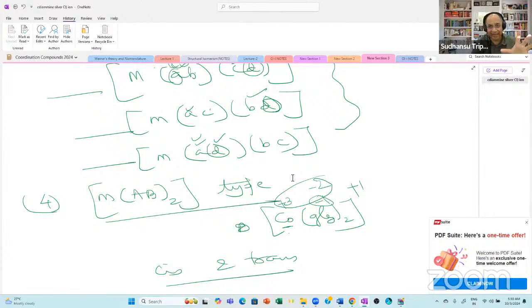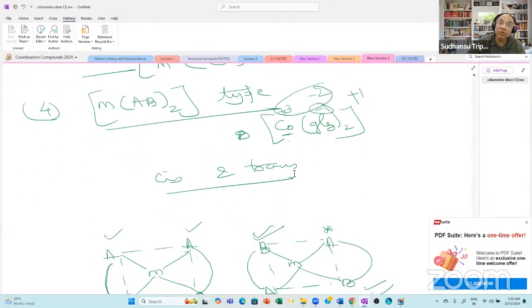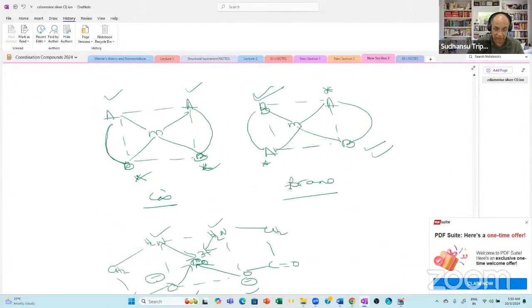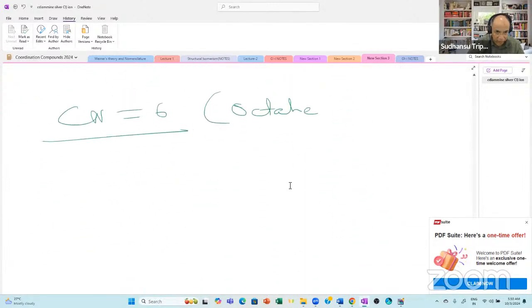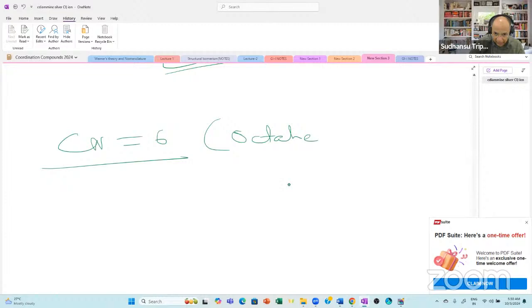Those cases of rarity, exceptional cases of square planar geometry showing optical isomerism, we shall discuss tomorrow. But usually square planar complexes, they do not show optical activity.